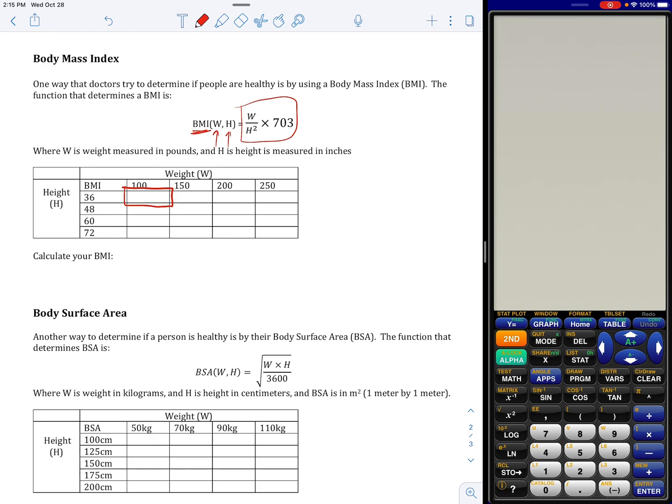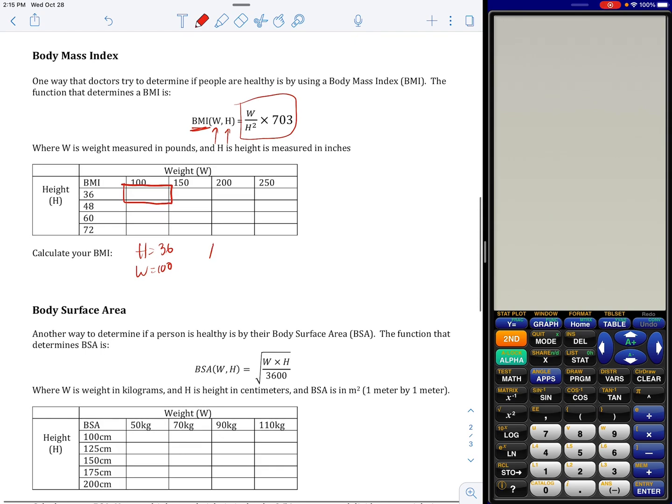So we have the height equals 36 inches. The weight is 100. So BMI equals the weight, 100, divided by 36 squared times 703. The 703 is an interesting scaling factor. It's just related to the fact that we're doing this in standard units.